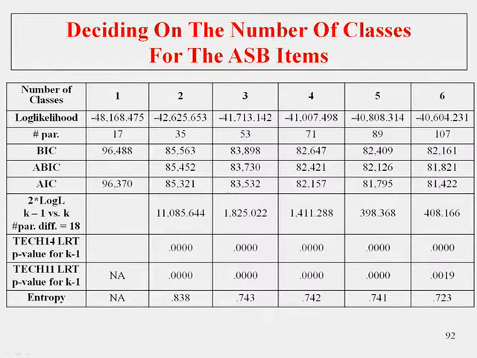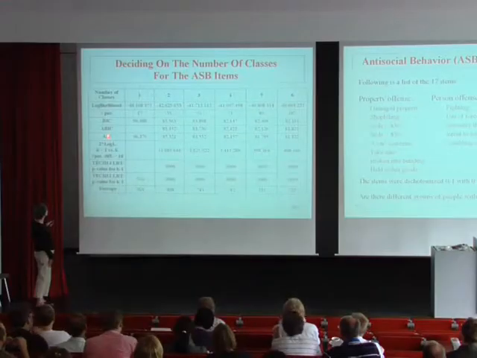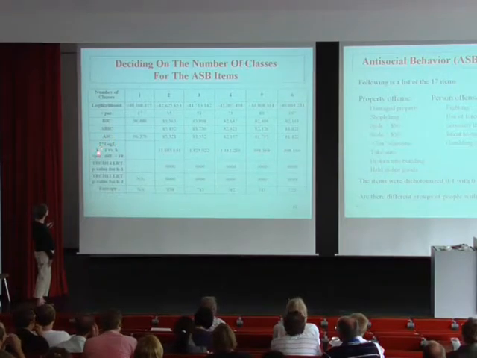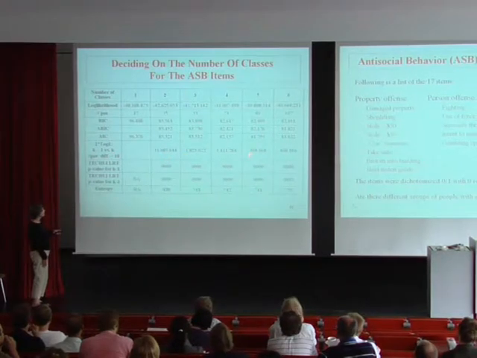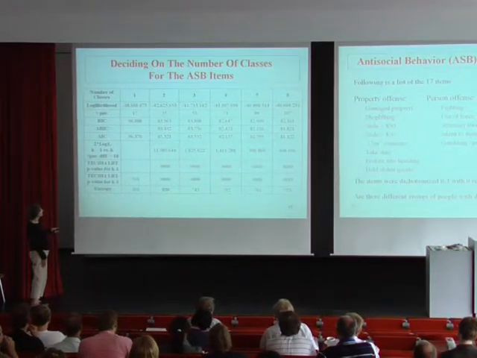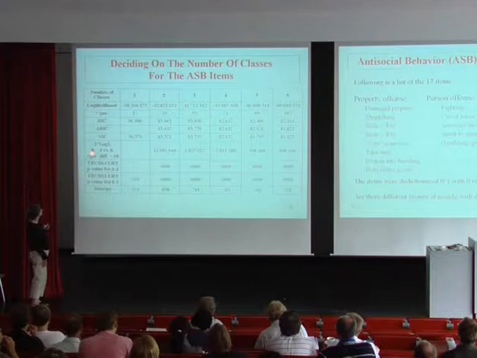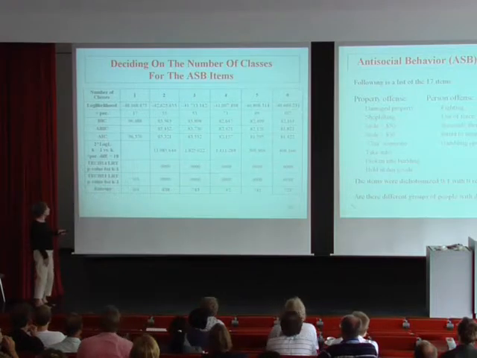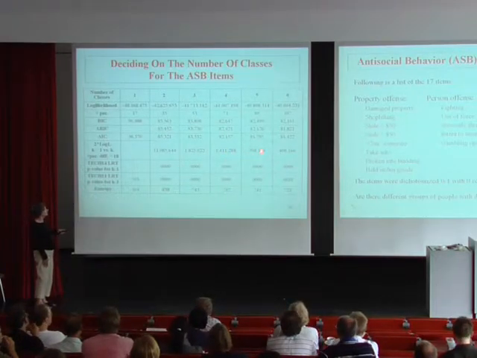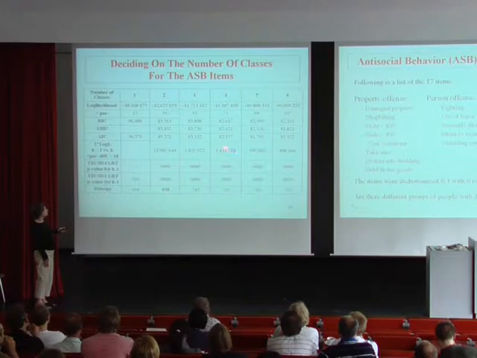And then we have these other alternatives that we haven't really talked about. And then we have what Karen Nylund studied, the naive chi-square, and that is the difference between the two, minus 2 times the log likelihood difference, which is not distributed chi-square in this situation. So that's why we refer to it as naive chi-square. And that could perhaps point to 4 classes.